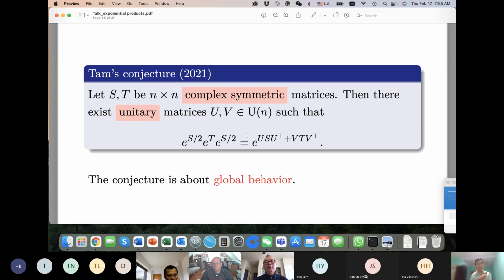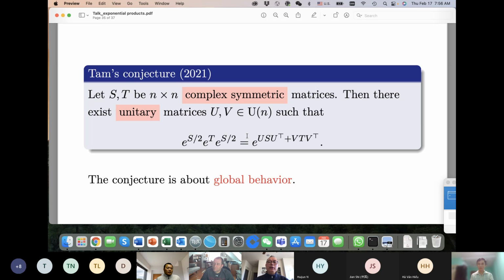Sorry, in the real case, you have a decomposition of the special linear group into the sum of two different things. And if you want to solve the conjecture for the complex case, then we have to do it in a similar way, right? I hope there is a similar way, but I don't see it myself.